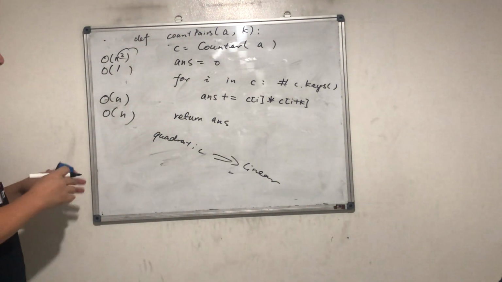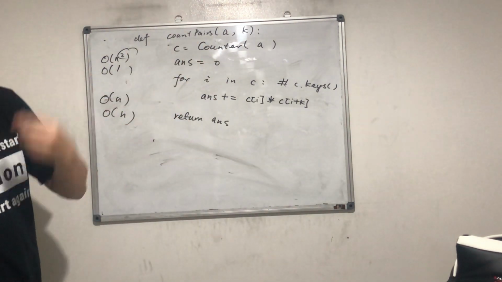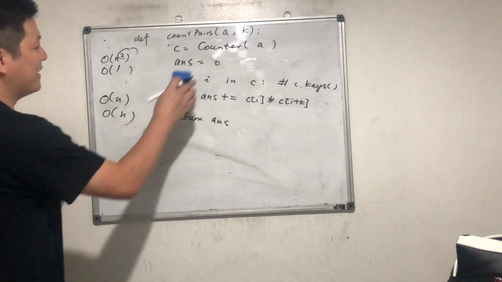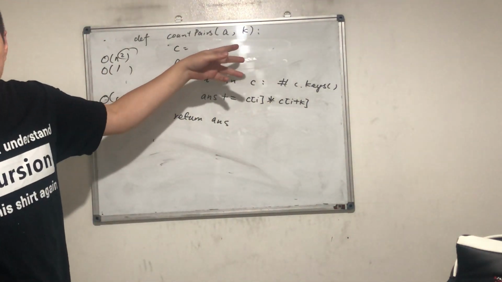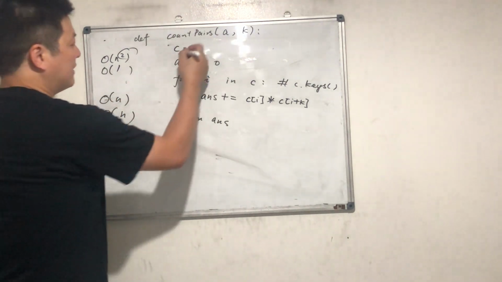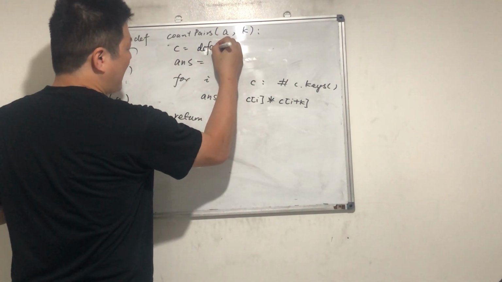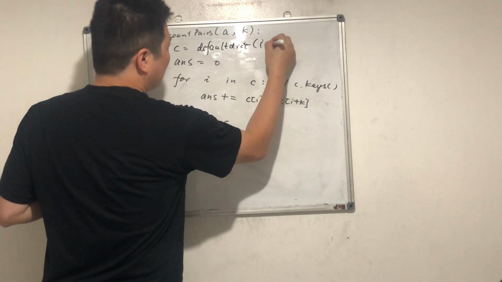So look, this one we can use the counter, or we can do the counting one by one instead. This is another way of doing it, but it's quite similar. We use a defaultdict of int.